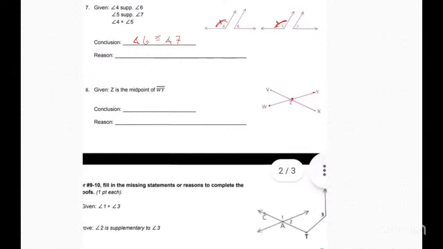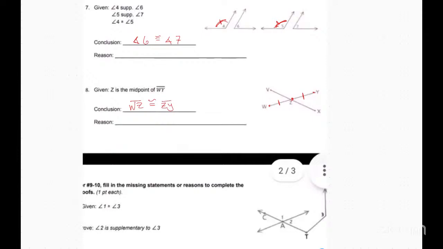What does midpoint mean? Doesn't it mean that this is equal to this? Yeah, that WZ and ZY are congruent. You say WZ is congruent to ZY. And the reason is definition of midpoint.